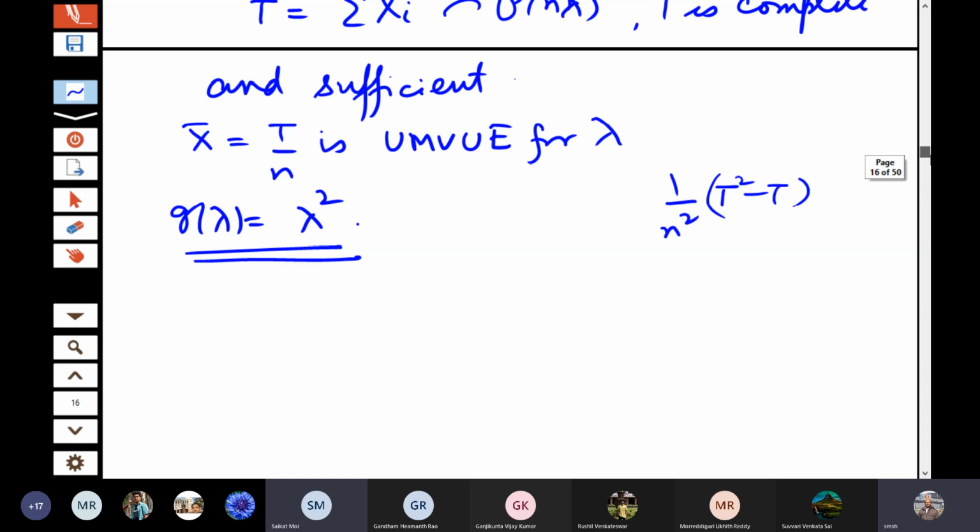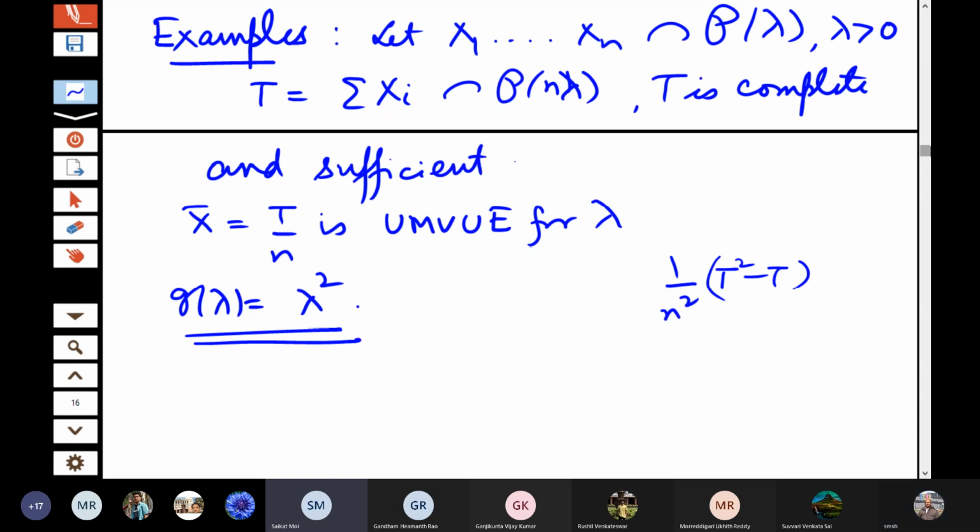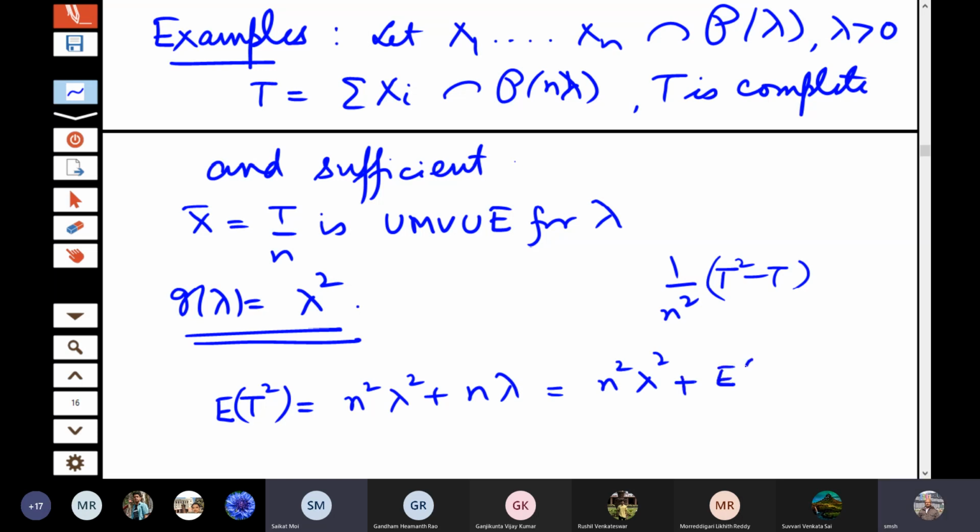Okay, so let us look at the proof of this. See here in the Poisson distribution, expectation of t square. What is the second moment of a Poisson lambda? It is lambda square plus lambda. So it will become n square lambda square plus n lambda. So this is equal to n square lambda square plus expectation of t.